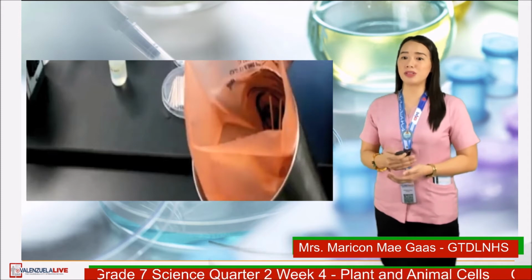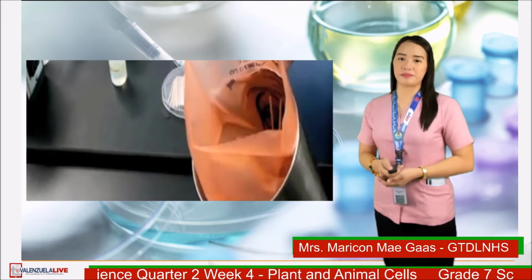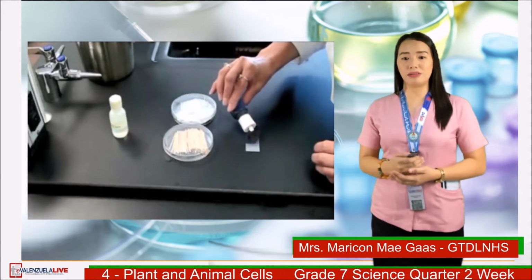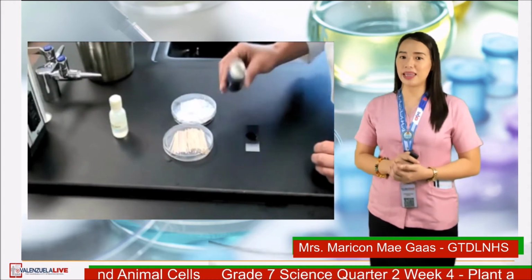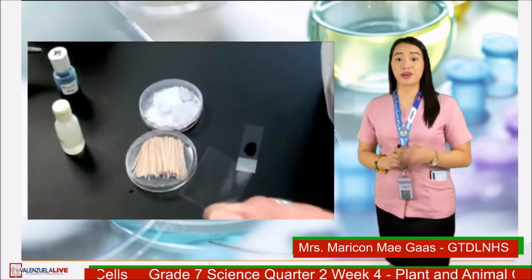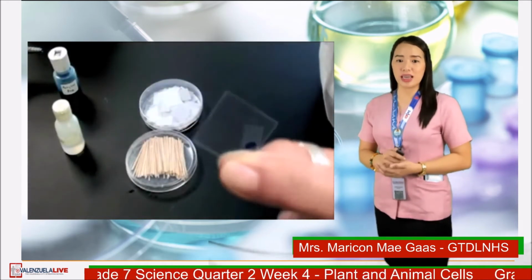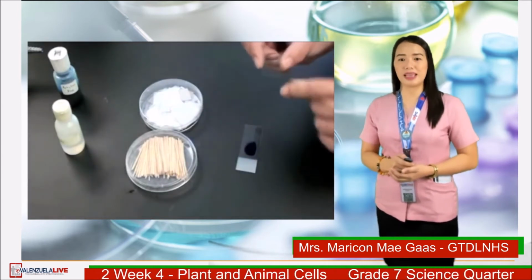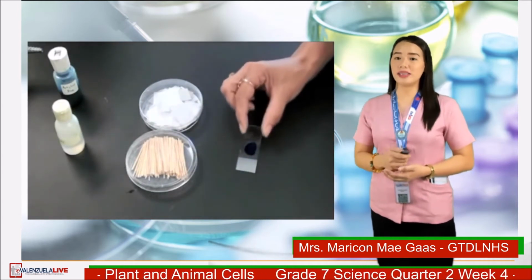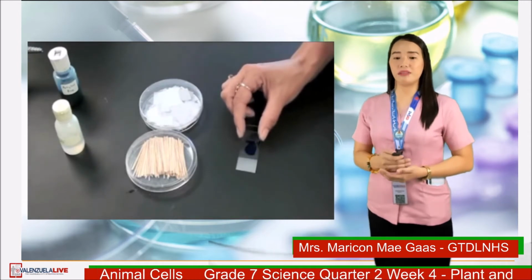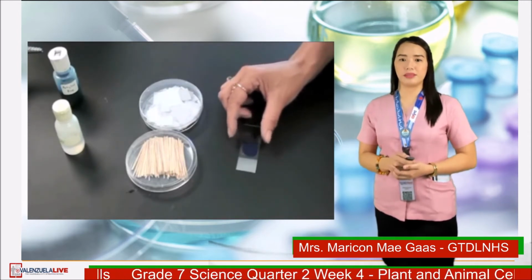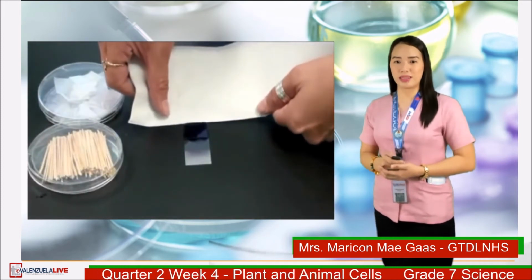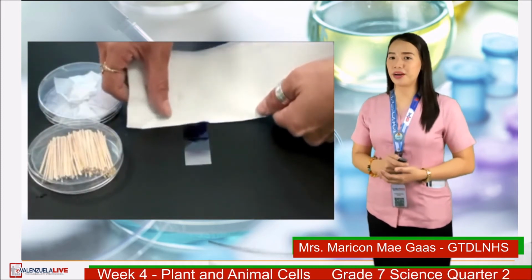Then dispose of the used toothpick properly. Then drop a small amount of methylene blue stain on the specimen for us to see the cheek cells clearly. And don't forget to place the cover slip on the specimen and avoid forming air bubbles. You can actually remove the excess liquid using a paper towel.